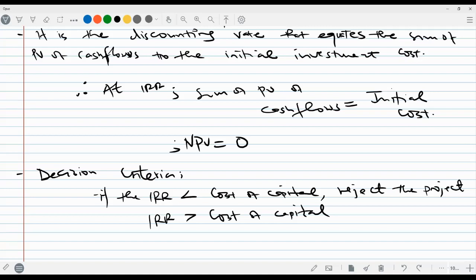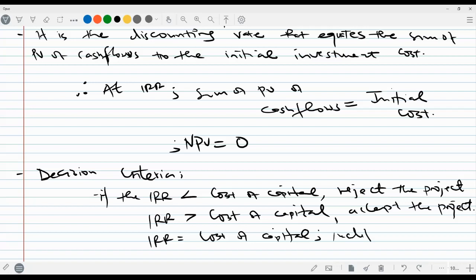So of course, accept the project. And if IRR is equal to cost of capital, then of course we have what we call a point of indifference.